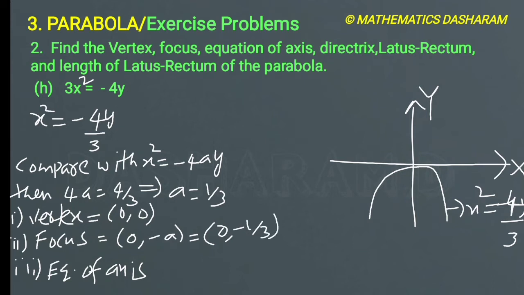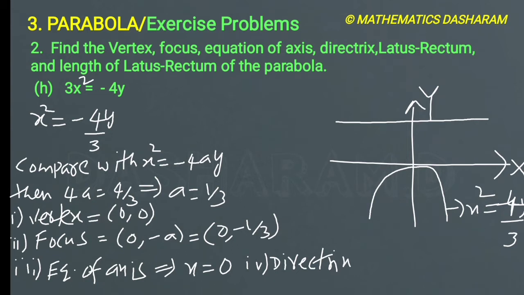Next, equation of axis, so that is x equals to 0. Next, the fourth one, equation of directrix. Directrix means fixed line, it will be on the above of the parabola. So y equals to a, but a value is 1 by 3, so y equals to 1 by 3.